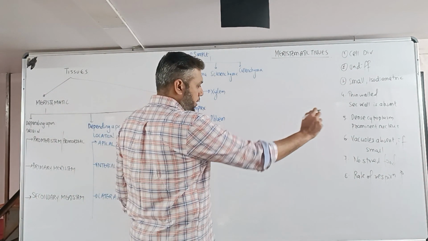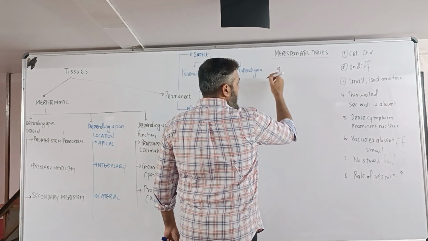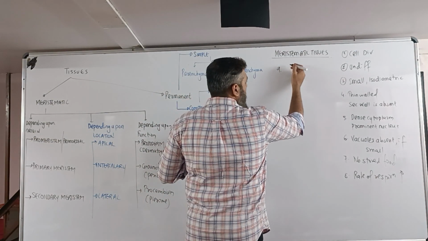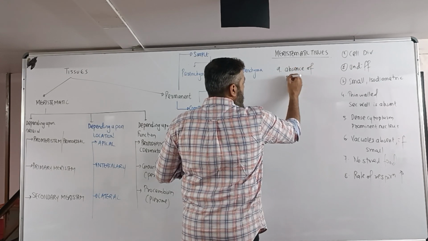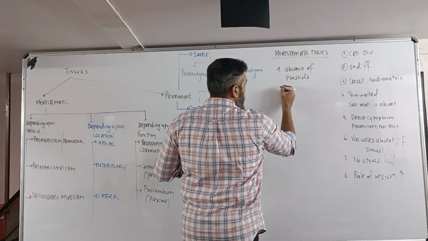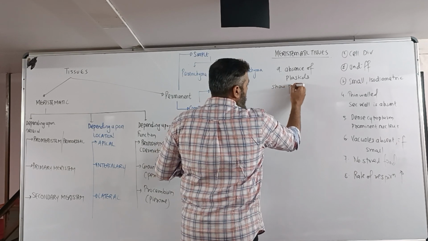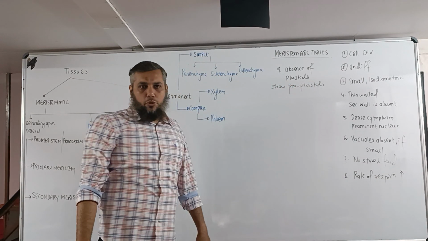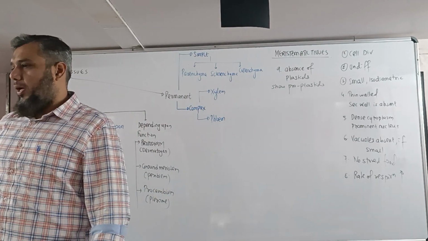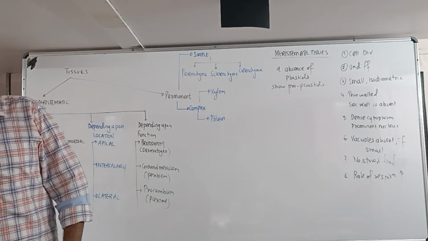Then you'll also remember that they show absence of plastids. They show the presence of proplastids. You remember plastids? Chloroplast is a green colored plastid.